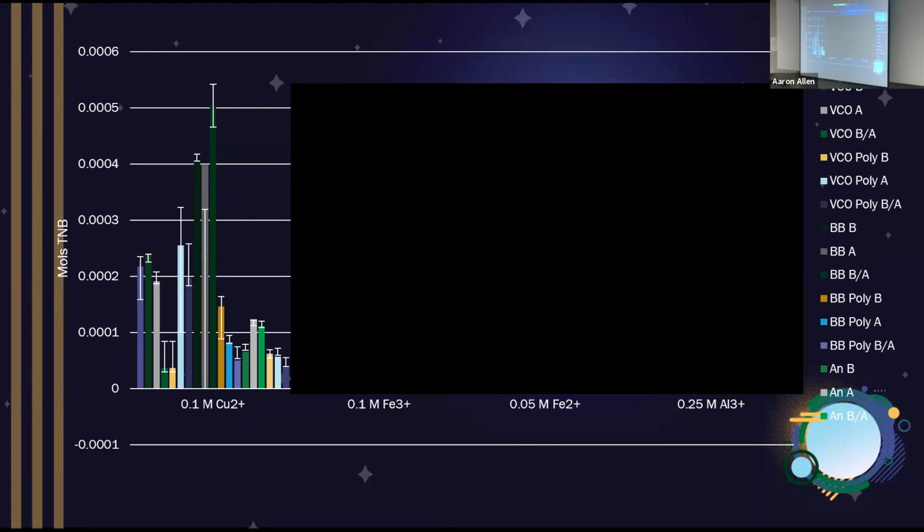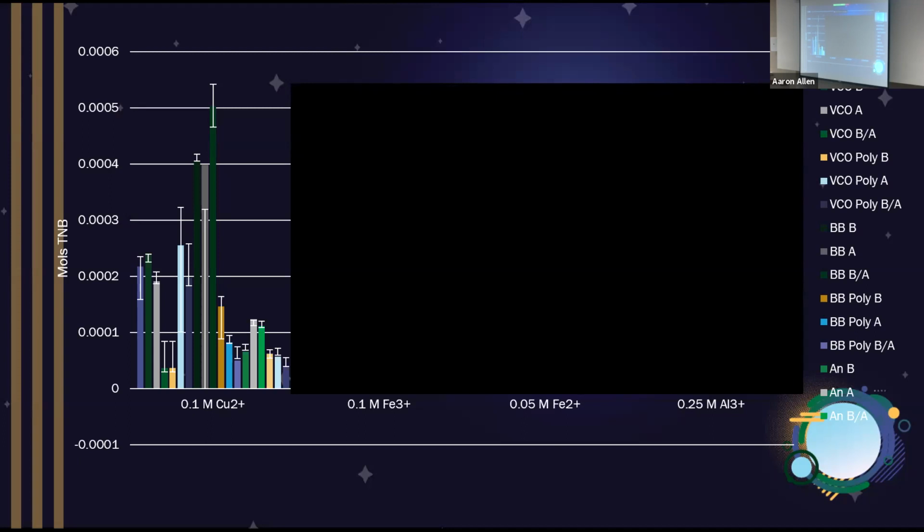So this next graph kind of combines all of that. We're going to go through it metal by metal, because just showing the full graph, as we'll see at the end, is very complicated and has a lot of stuff put together. Our y-axis here is moles of TMB. It's hard to actually measure how much oxidative stress is going on in the body or in the yeast cells itself.